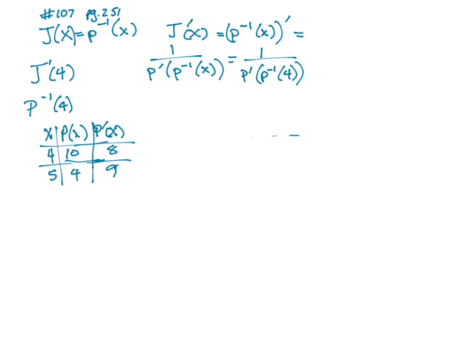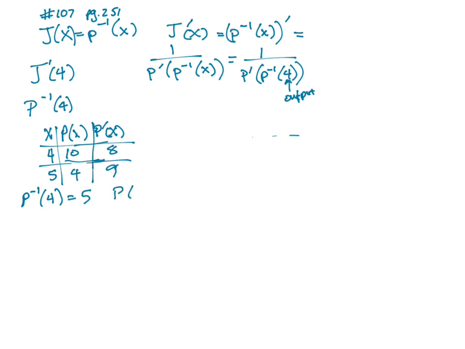So when the output is 4, what is the inverse? Don't go to P of 4, anybody can do that. P of 4 is 10. No, the output is 4. So P inverse of 4 is 5.